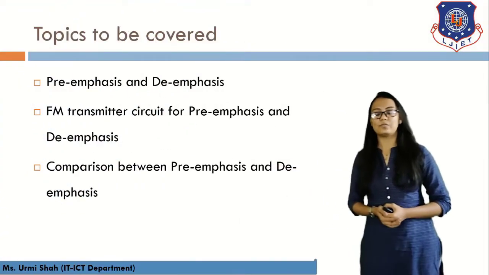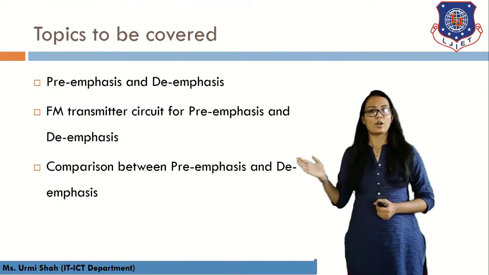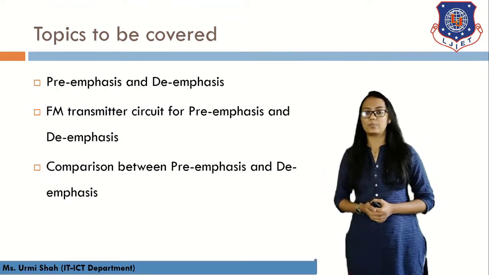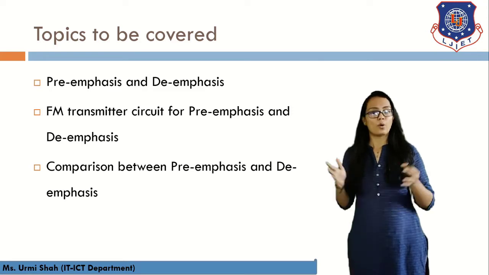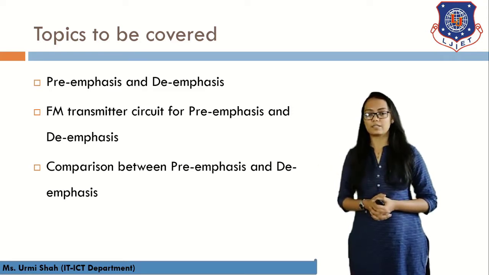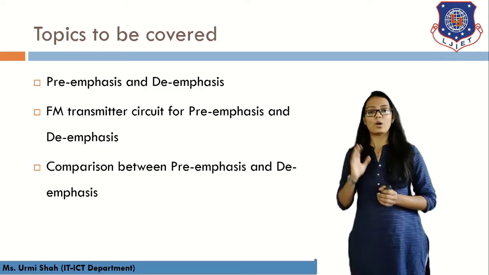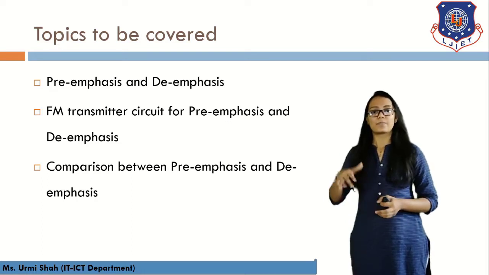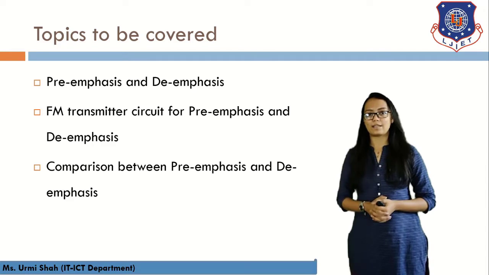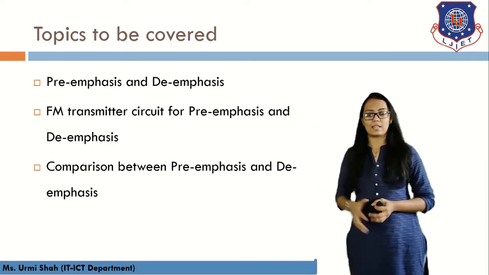In today's session we are going to discuss the following topics, that is preemphasis and de-emphasis of FM signal. First of all, you might be wondering what the words preemphasis and de-emphasis mean, so we will look at those processes. Then, what is the FM transmitter circuit for preemphasis and de-emphasis.